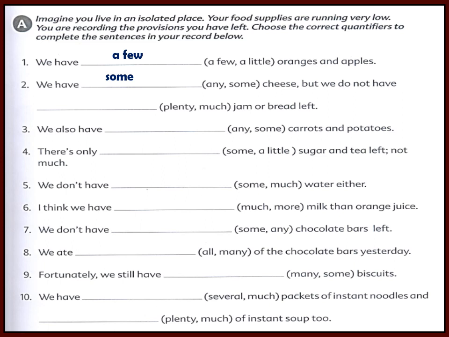Now this part of the sentence, we don't have, is negative. I explained that in negative sentences we use any, but in the options you don't have any, so you will not write any here. But if options were not given here, then you can use any. But we don't have dash jam or bread left.